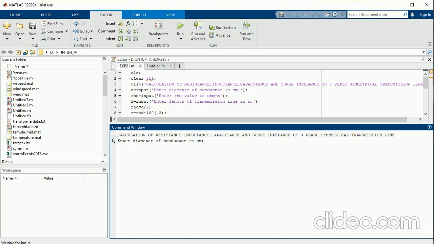Okay, so now I'm giving the input. So 1.24, already the previous problem I discussed in the video. So it is asking for the rho value. Since I'm assuming it as an aluminum conductor, I'm considering this.